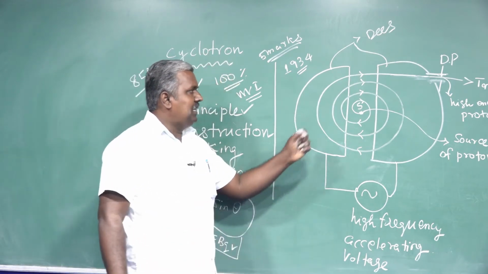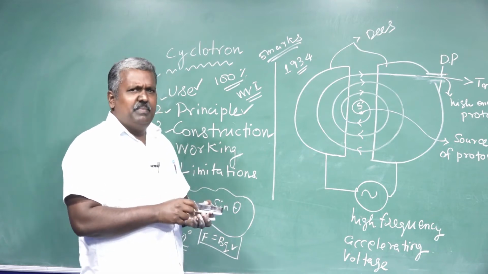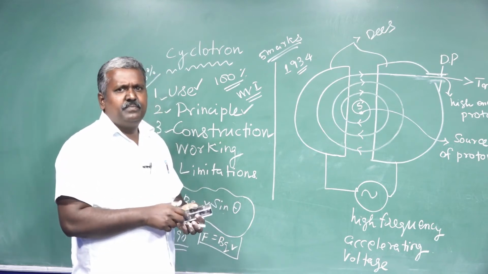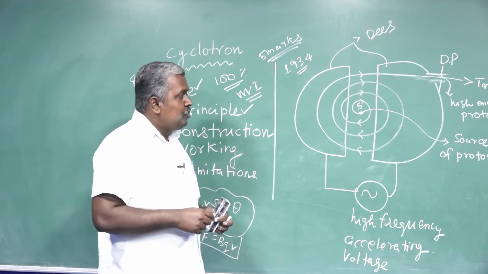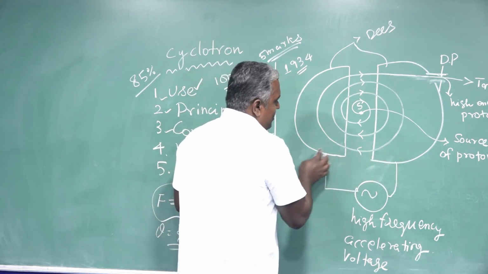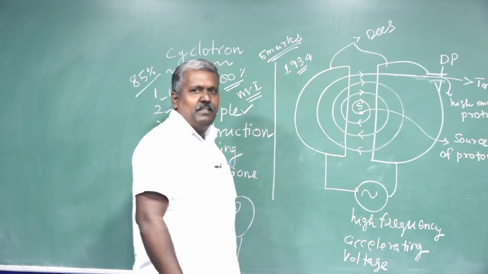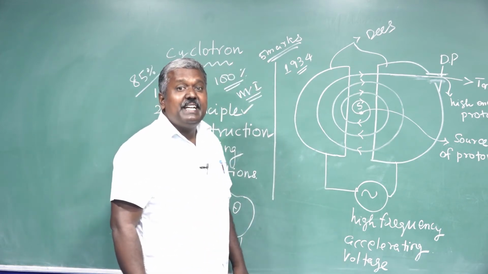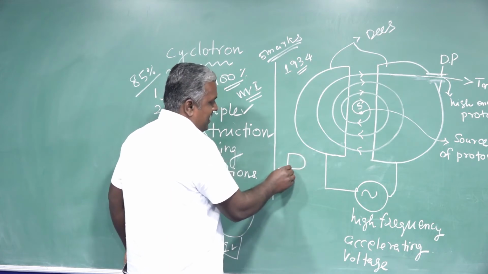Here, the cyclotron consists of a hollow metallic cylinder. It is divided into two sections, in the form of the capital letter D in English. I am correct or not?